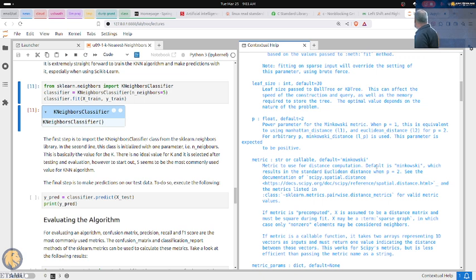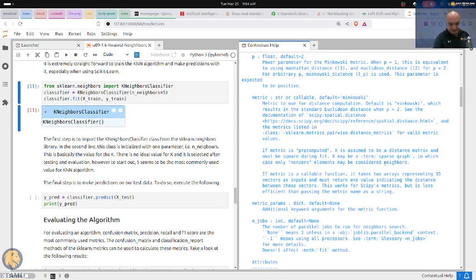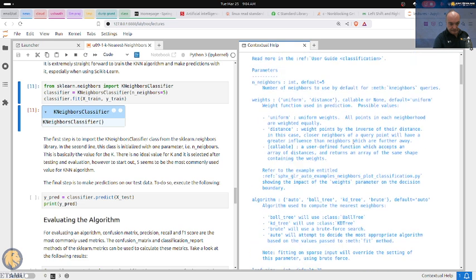But you can use other things for that. And I believe, if I remember right, the weights parameter allows you to specify whether it uses a weighted or just a strict forward kind of voting.